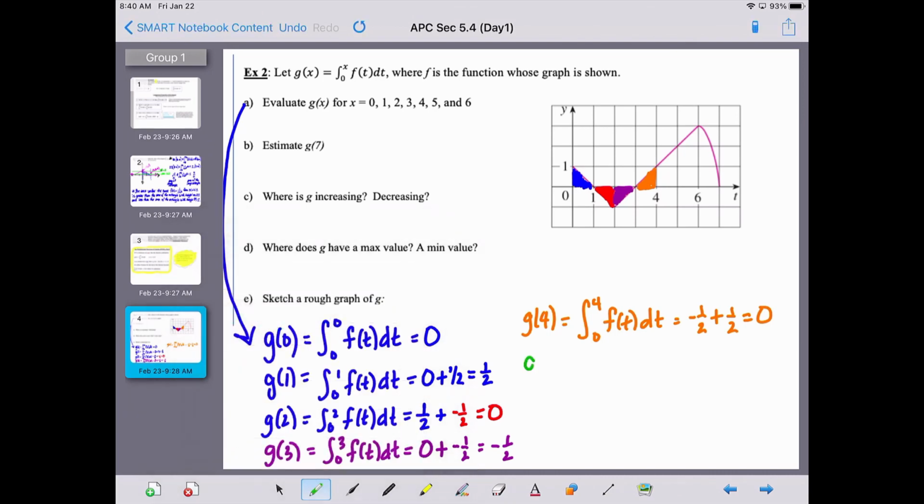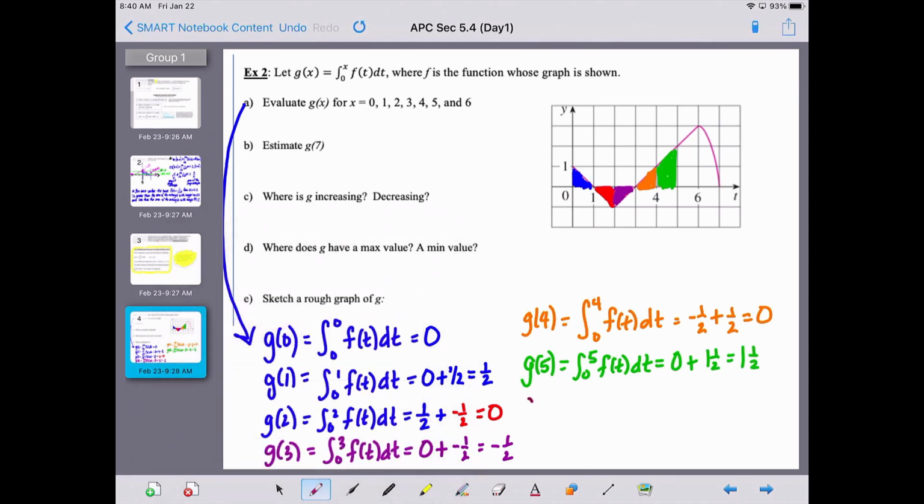G of 5, the integral from 0 to 5 of f of t dt is going to be equal to the integral from 0 to 4 plus the area that we gain when we go from 4 to 5, which is 1 and 1/2 positive units. So now the value of our integral is 1 and 1/2.